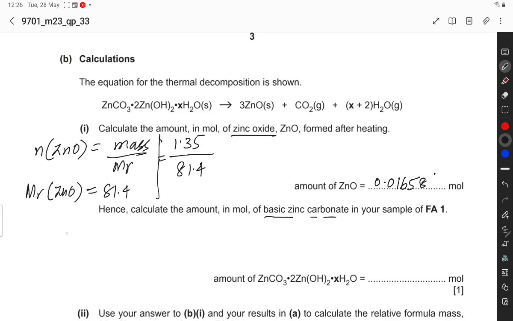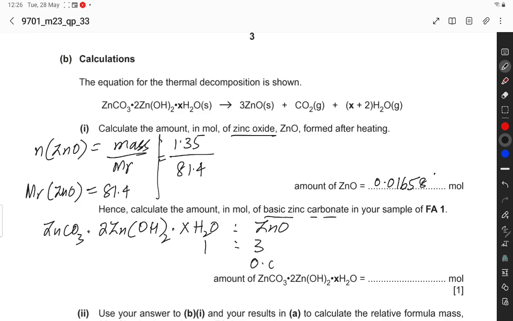By using the mole ratio, we know that zinc carbonate dot zinc hydroxide dot XH2O to zinc oxide is 1:3, and the mole is 0.01658.